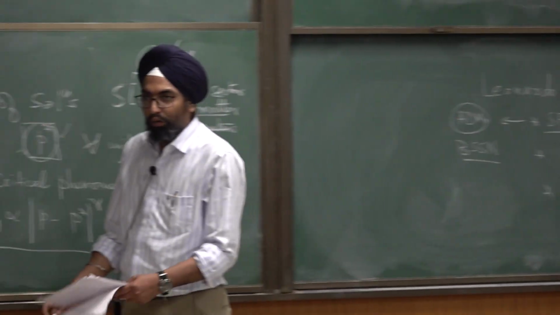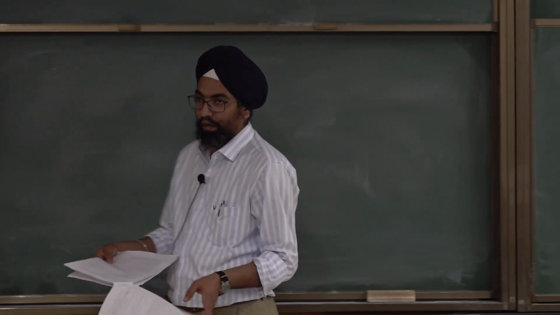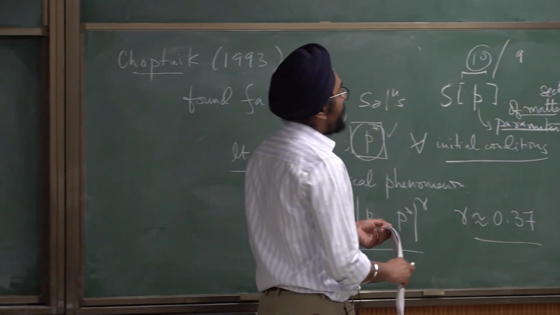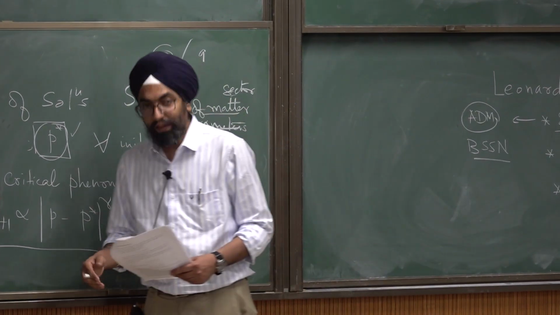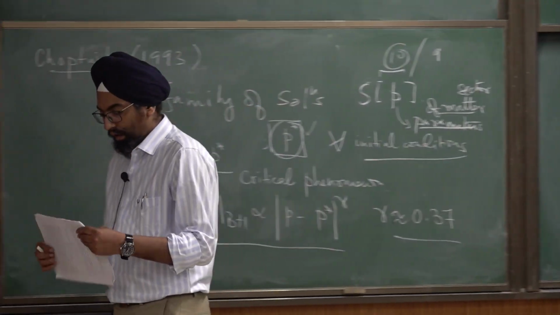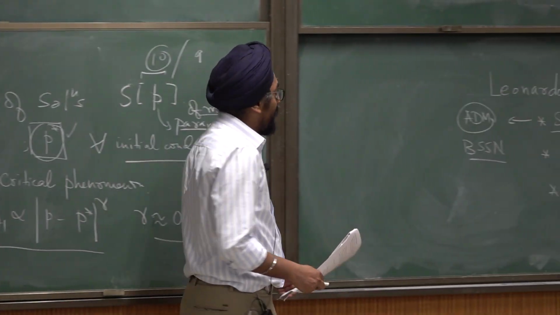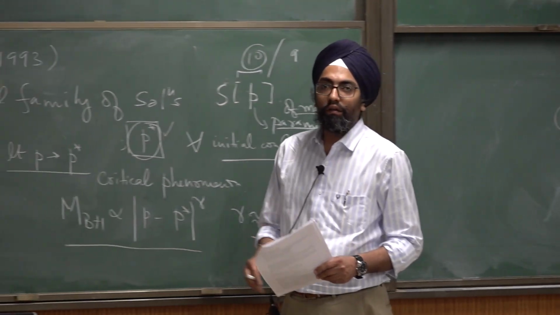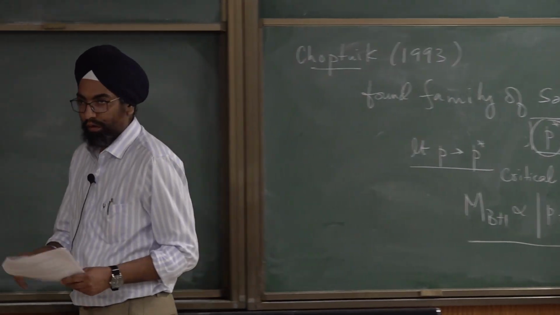The idea is to give you what the ADM equations look like for this 1D collapse model, what numerical schemes are used to look at this collapse scenario, and finally the boundary conditions and the initial condition, and then what really happens when the code runs. That is what we're going to see.